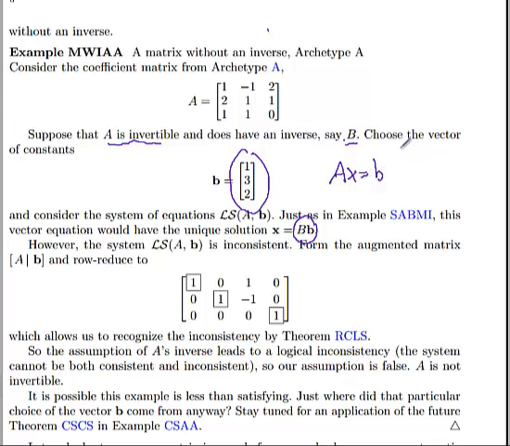But AX equal B has no solution. So that means the inverse B cannot exist. So no B inverse can exist. Okay? Because if there was an inverse, then I could find a solution for X.